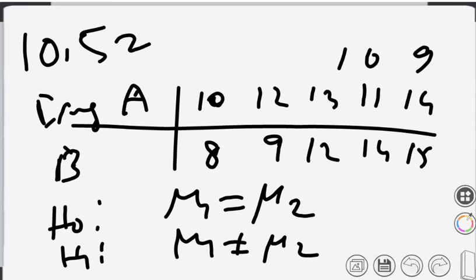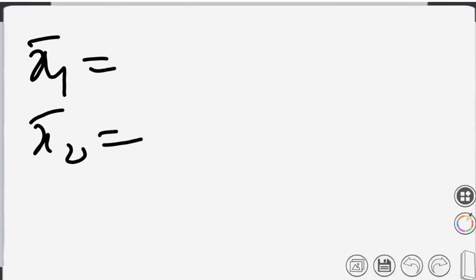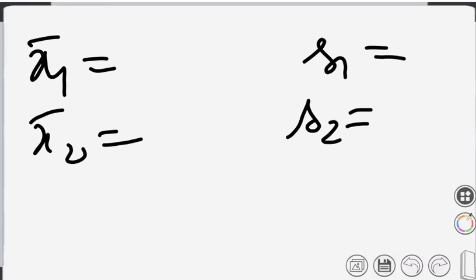You have to calculate x1 bar, x2 bar, s1, s2, and then you have to calculate s, and obviously it will be a t distribution. Like in the previous problem where every value was given, but here you have to calculate all these values. So please do it.